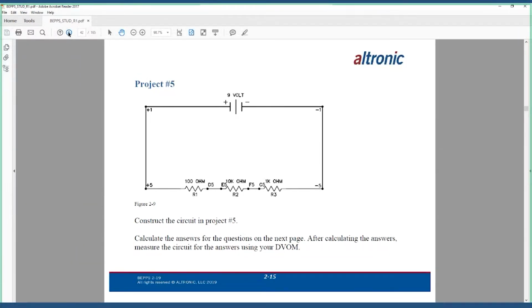So now if we use that number, 0.00081081, and we multiply by our first resistor, 100, we come up with an answer, 0.081081 volts.